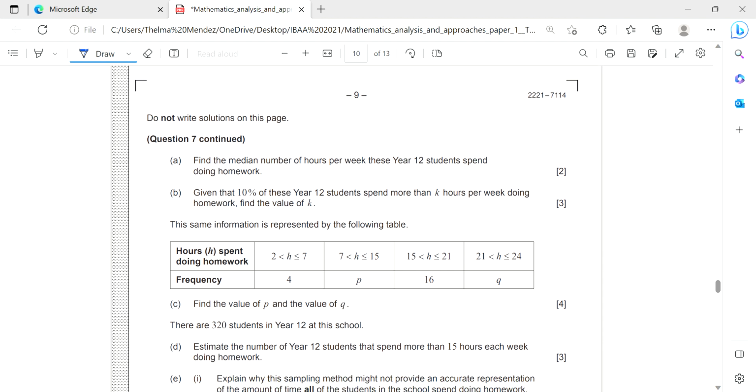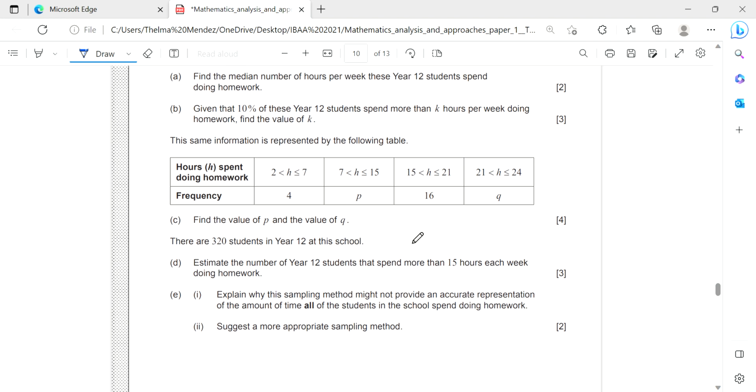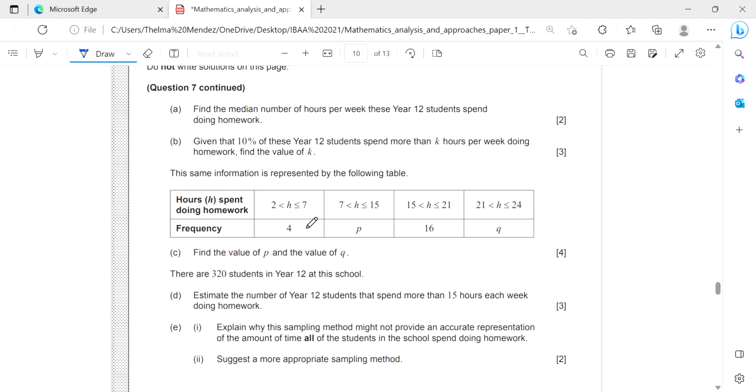The same information is represented by the following table, where H is the number of hours and frequency is in the next row. From 2 to 7 hours, there are 4 students.